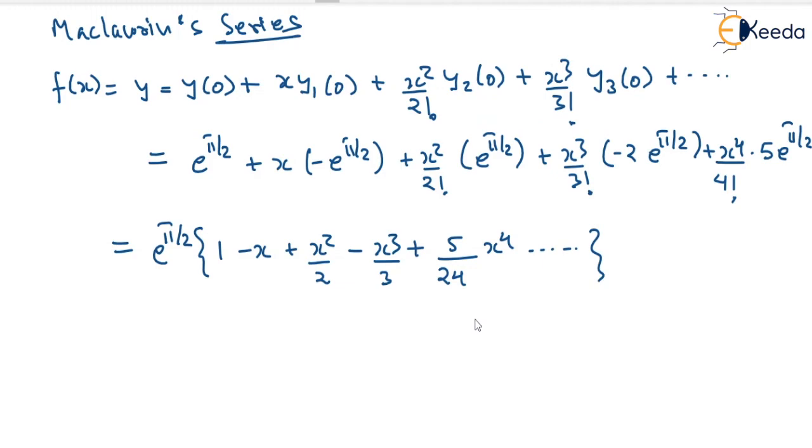So this is nothing but our own expression, which was y equal to e to the power of cos inverse of x. So this is the expansion we were looking for, and we have achieved it. So this is how we are using the Leibniz method for the expansion of the function.